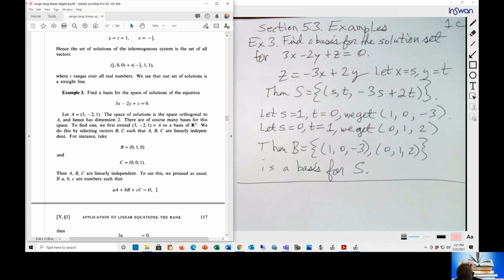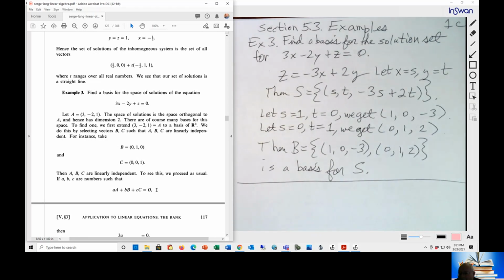Now, my solution is very quick and simple. The textbook solution goes in a different direction that I don't really care to go into. So look at my handwritten solution. The solution set, call it S. Now notice there are two parameters. Let x be parameter s.